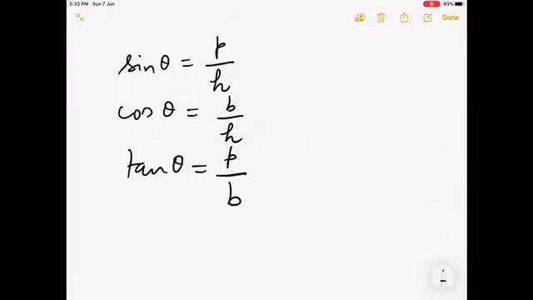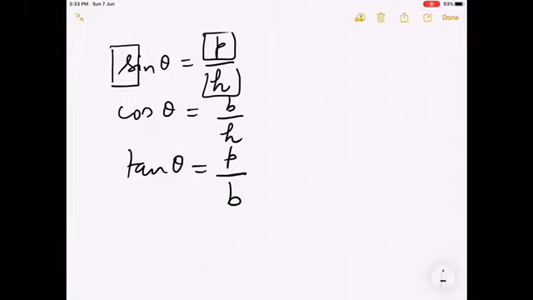Now how to remember this? How to remember that sine theta is perpendicular upon hypotenuse, cos theta is base upon hypotenuse, tan theta is perpendicular upon base? So we consider the first letter of all these ratios, the three trigonometric ratios: sine theta, cos theta, tan theta.